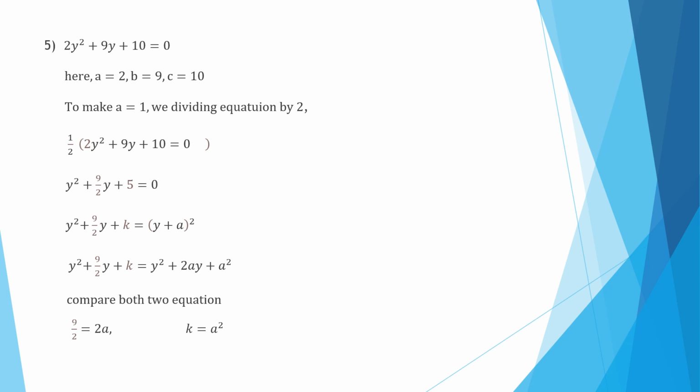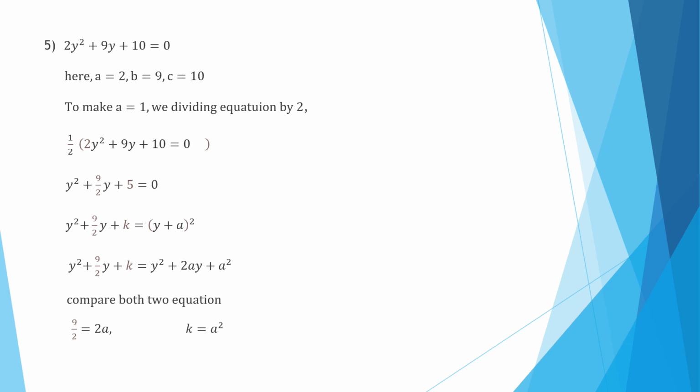So here we write y square plus 9 by 2y plus k is equal to (y plus a) whole square. Here (a plus b) whole square is equal to a square plus 2ab plus b square. So we expand this equation. It becomes y square plus 2ay plus a square. Then we compare this equation. Y square cancels.